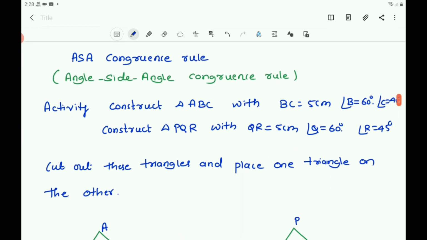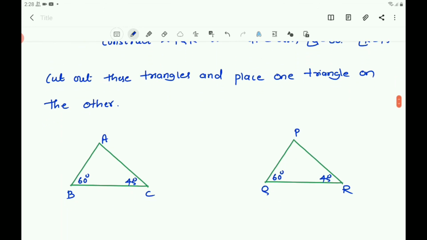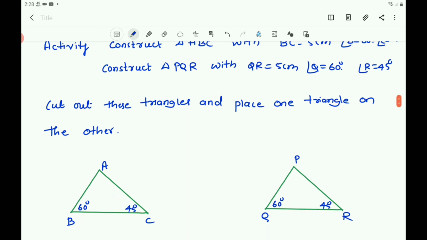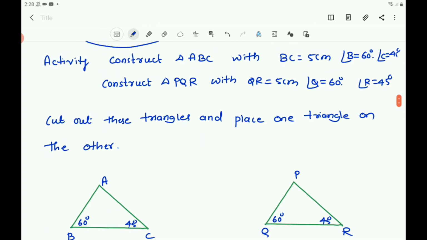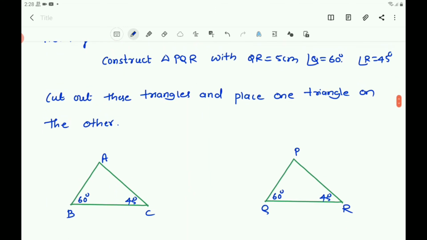Now let us take one more congruence rule, that is ASA, angle side angle. Here two angles and their common side. The angles are at the ends of the common side here. Now you construct the triangle ABC and triangle PQR.